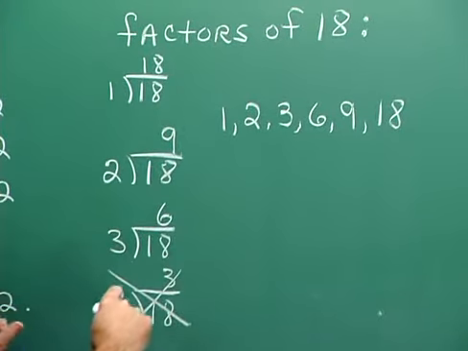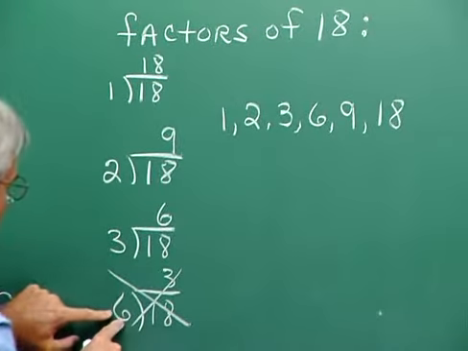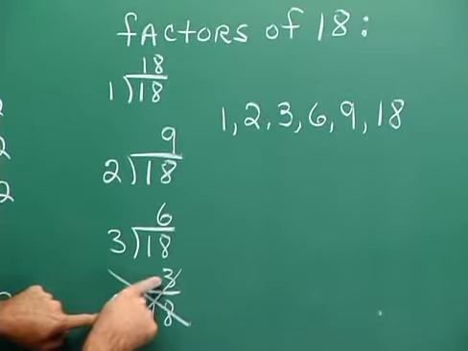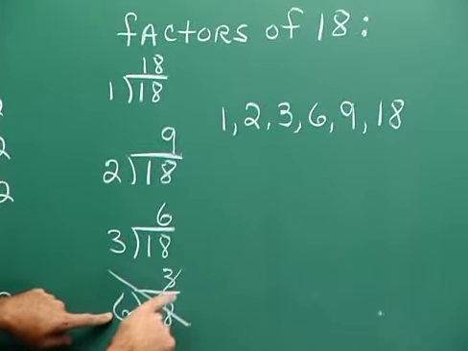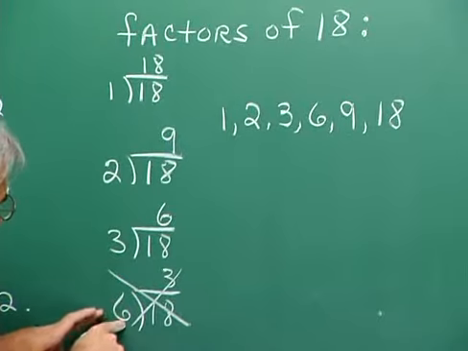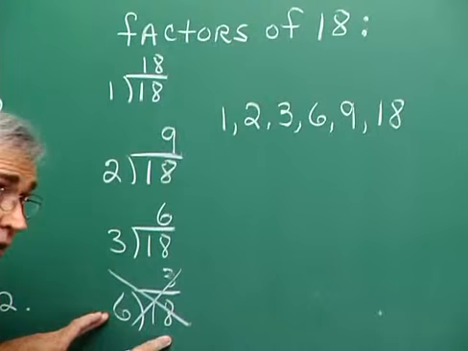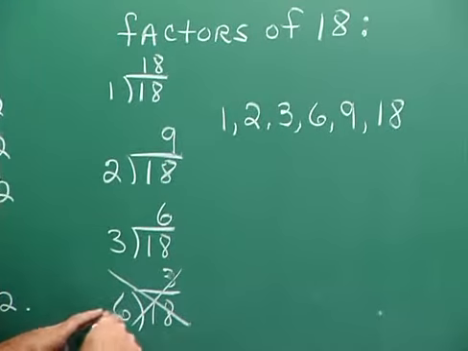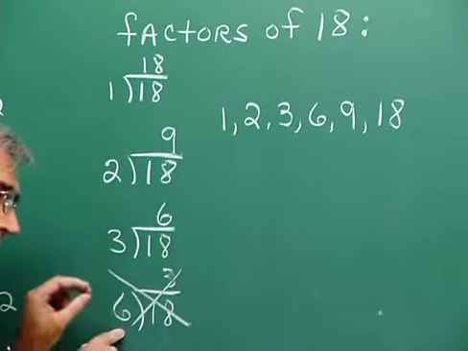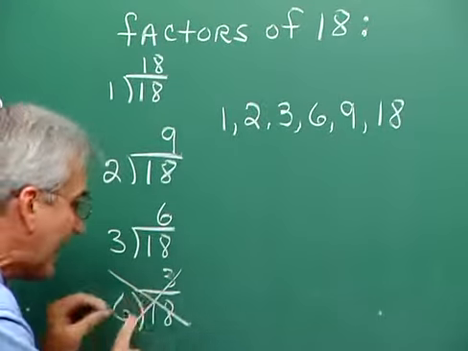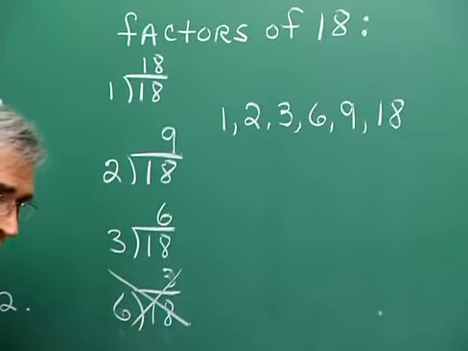And it turns out that you needn't go any farther than a position where the number that is the divisor and the number that is the quotient would be identical. That is, if the number you're dividing by, squared, is bigger than 18, then you have gone far enough.